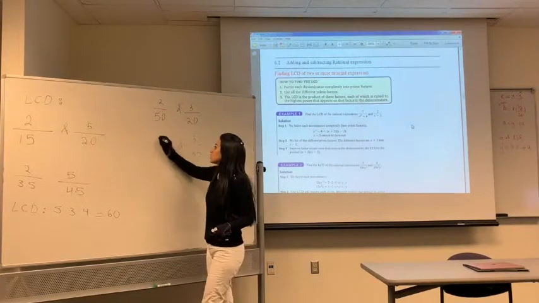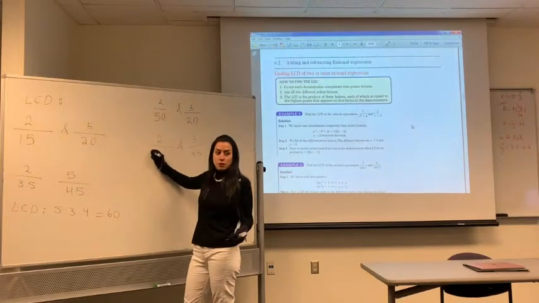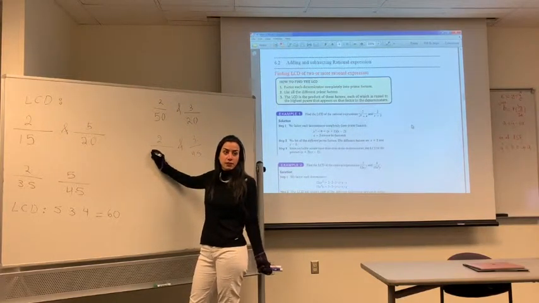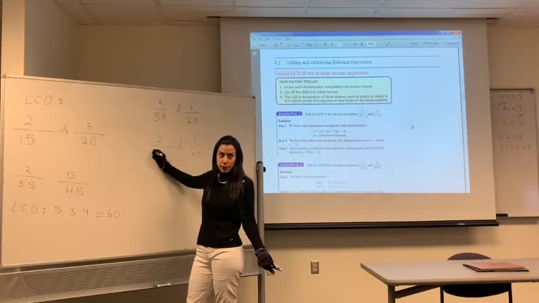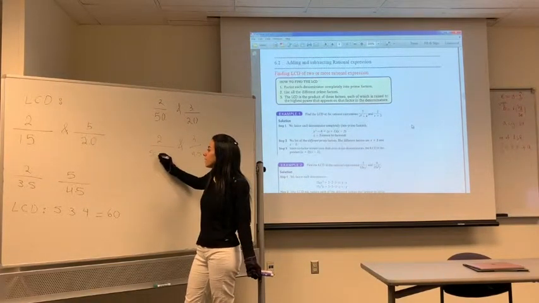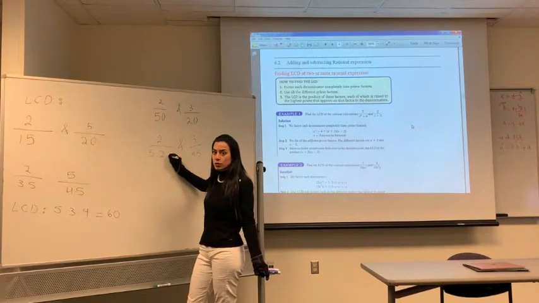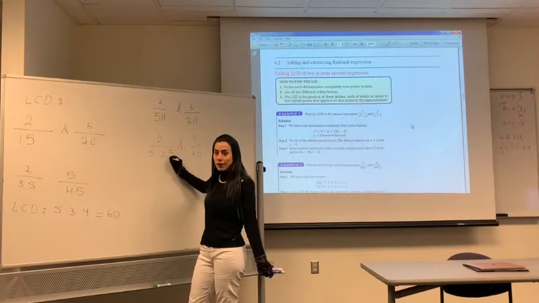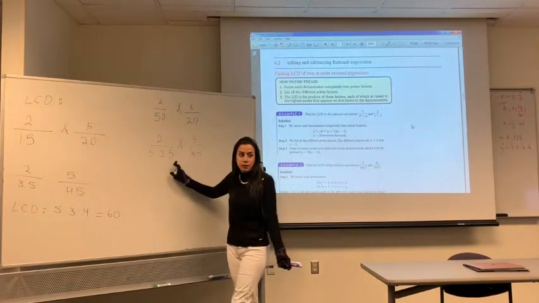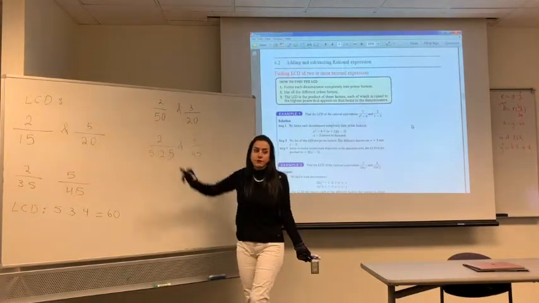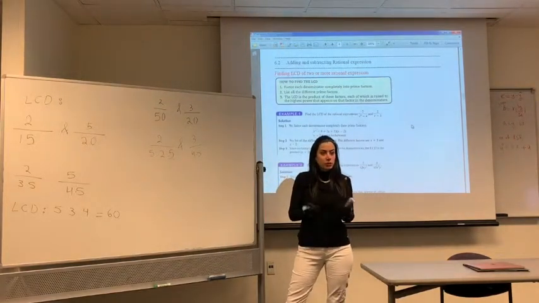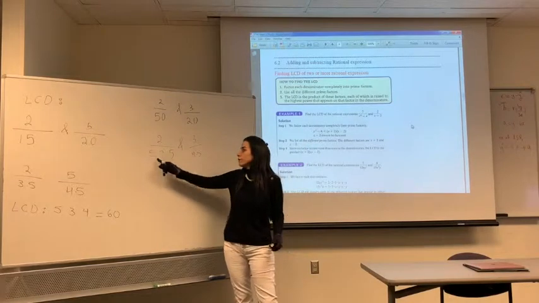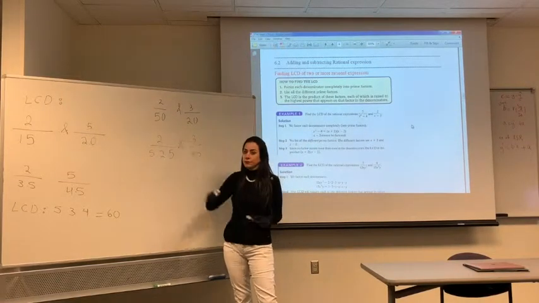Yes. 2 divided by 10 times 5. 10 is 5 multiplied by 2, correct? So it will be 5 multiplied by 2 multiplied by 5, because 10 multiplied by 5 gives us 50. Okay. Correct? 5 times 2 times 5 gives you 50.